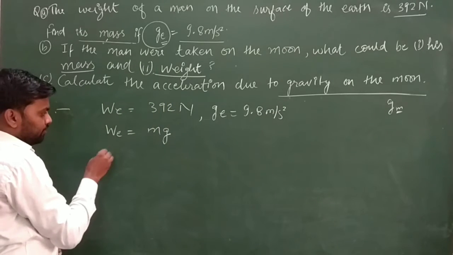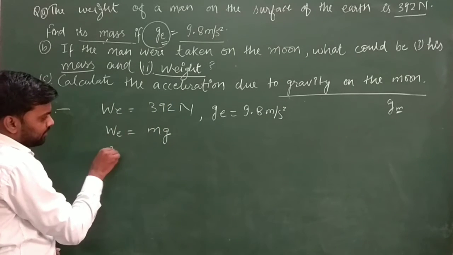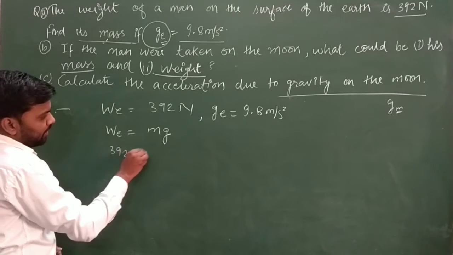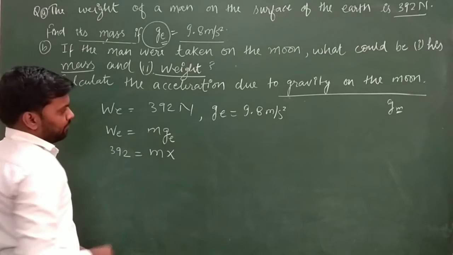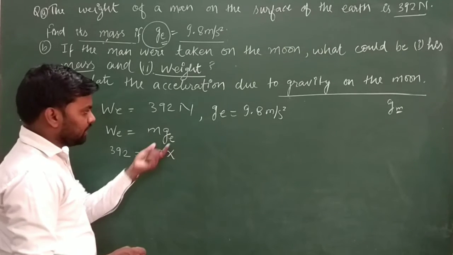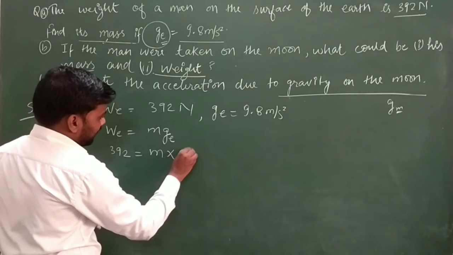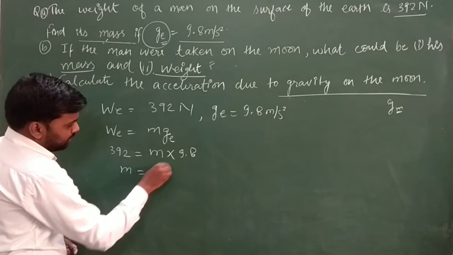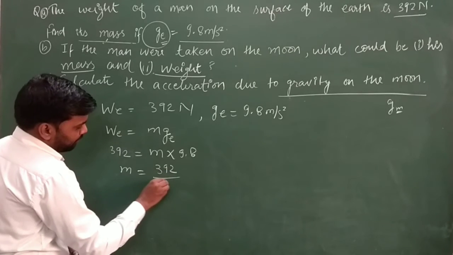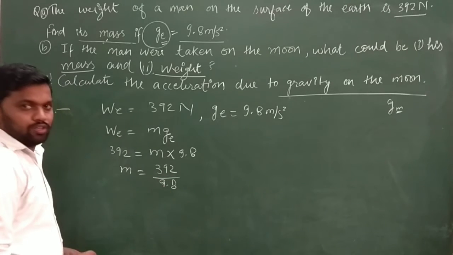So weight on the earth is 392 and we don't know the mass, we need to find it, and we know the acceleration due to gravity on the earth, it is already given, 9.8. So mass will be equal to 392 upon 9.8.